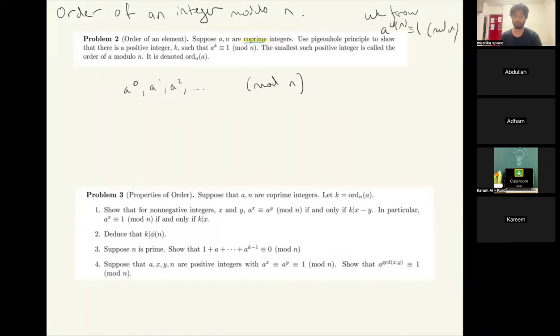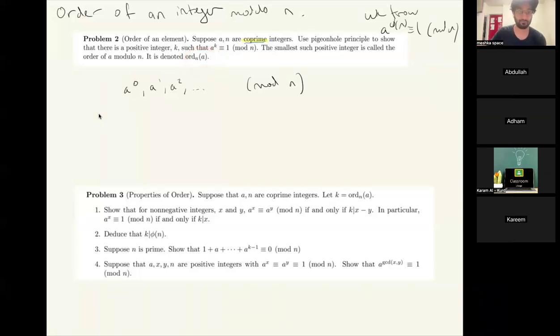This is Euler's theorem. But we don't know if phi of n is the smallest exponent which makes this true. There could be something smaller, and that's what we define as the order. It's the smallest positive integer exponent k so that a to the k is congruent to 1 mod n. We call it by this notation, order sub n of a.